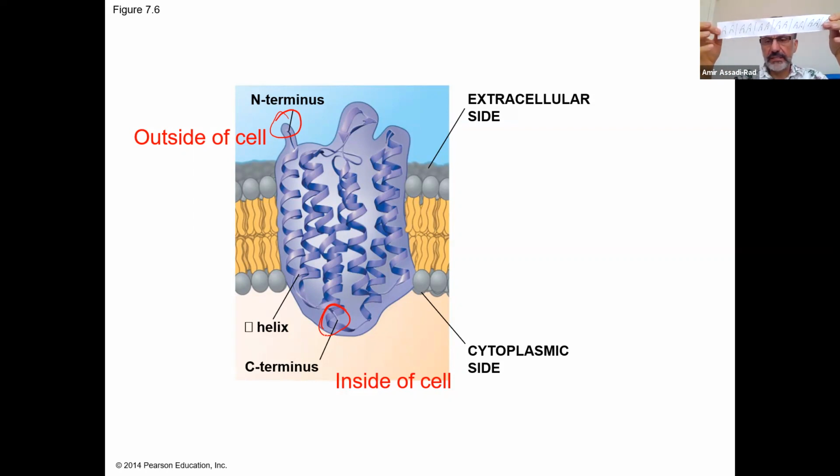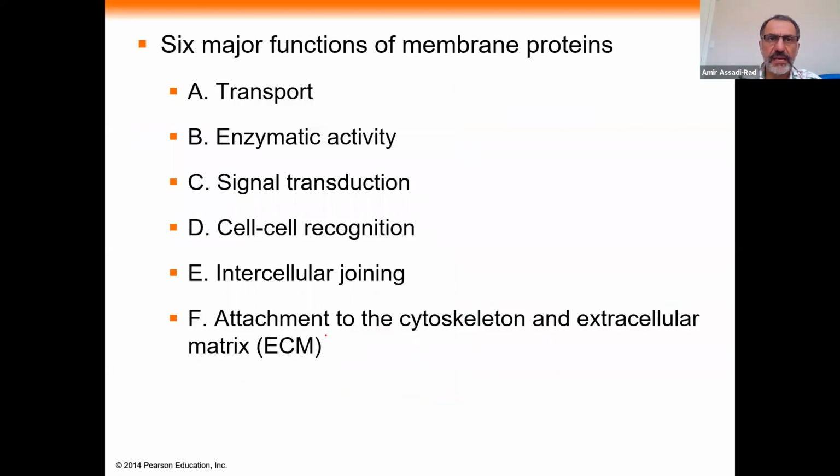So one end is the C-terminus and the other end is the N-terminus. Okay, extracellular side, cytoplasmic side, and that's an integral protein. It's not a peripheral protein. How do I know? Because it's embedded within the phospholipid.